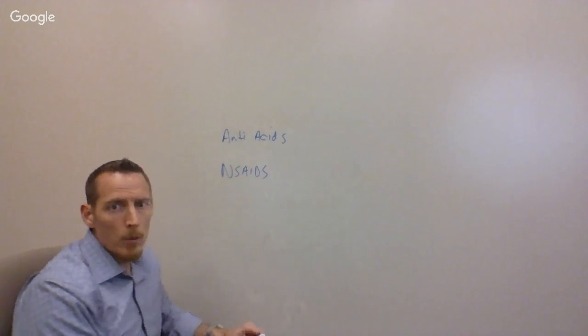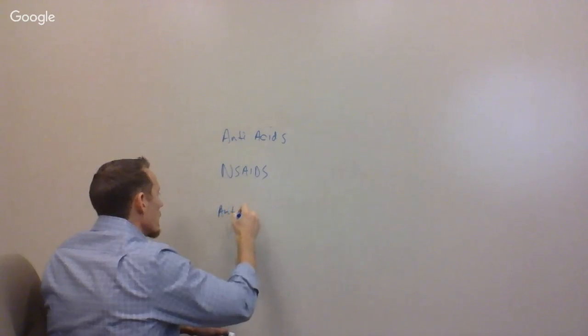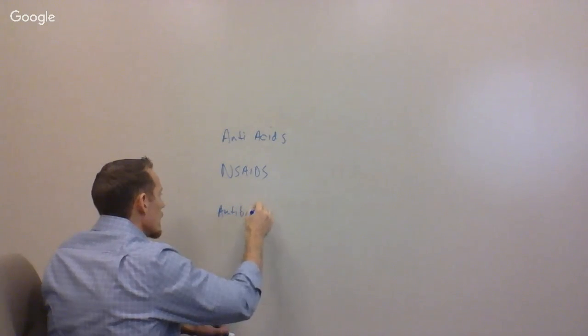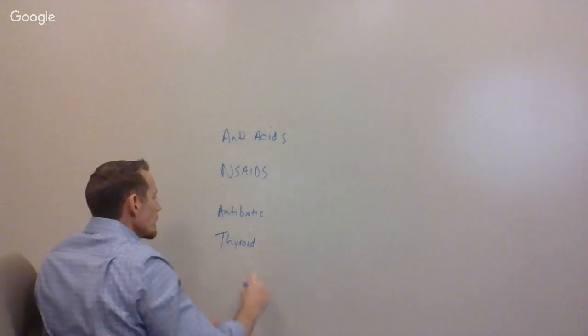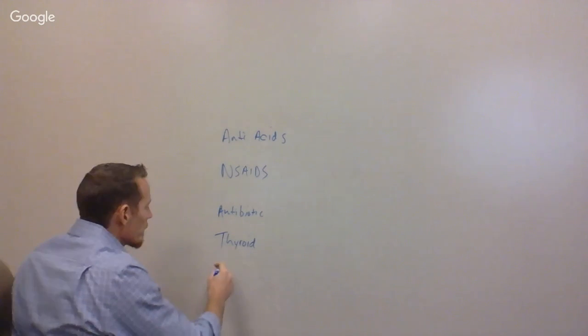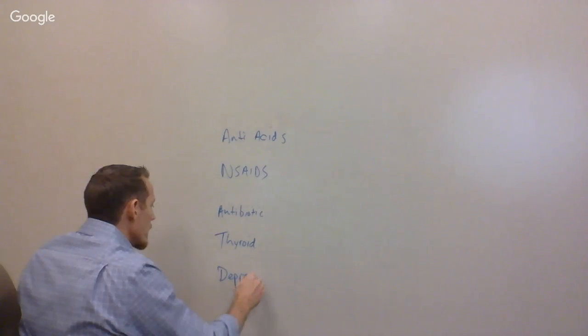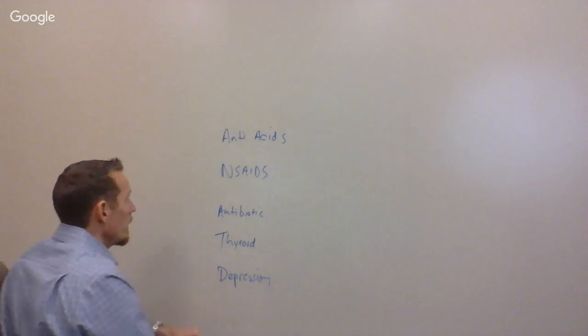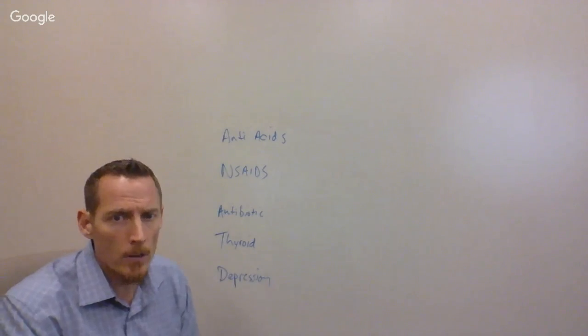Another common one is antibiotics. Many people are taking thyroid medication, like Synthroid. Many of you might be taking other forms of medications for depression, so antidepressants. We'll look at these classes of medications and I'll give you some information.